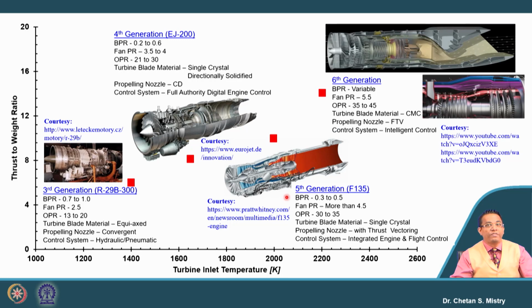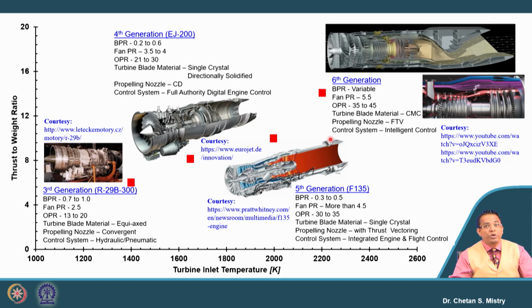Next, when we move to the sixth generation aircraft, or we can say the future engine, the turbine entry temperature will be more than 2200 and the expected thrust to weight ratio is in the range of 14 to 15. Here the bypass ratio is not fixed, it is variable.